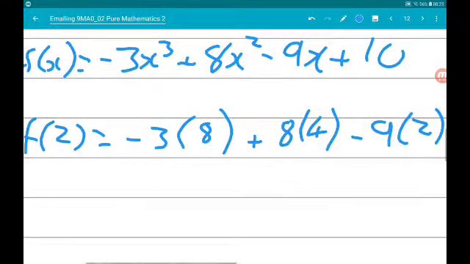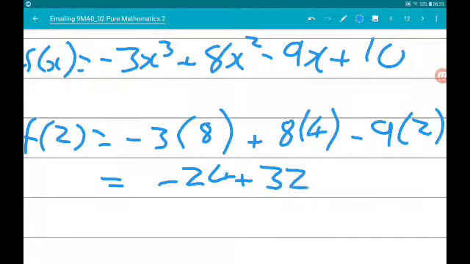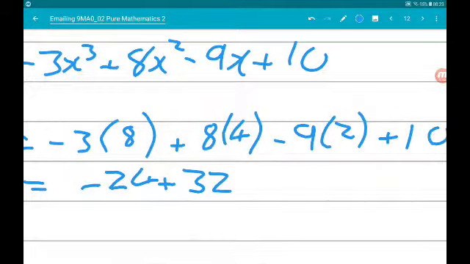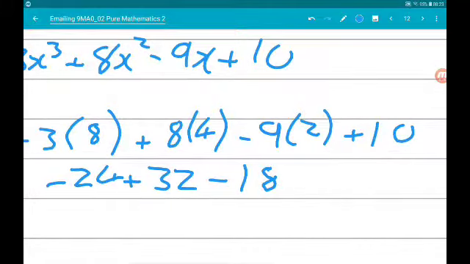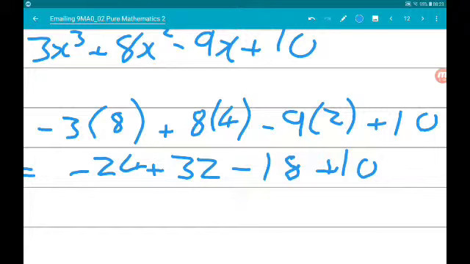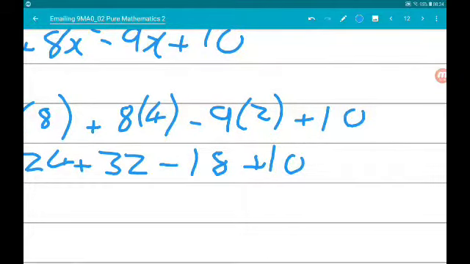So that's going to be minus 24, add 32, minus 18, add 10. Now, quite happily, minus 24 minus 18 is minus 42. 32 add 10 is positive 42. So we get 0. Cool.